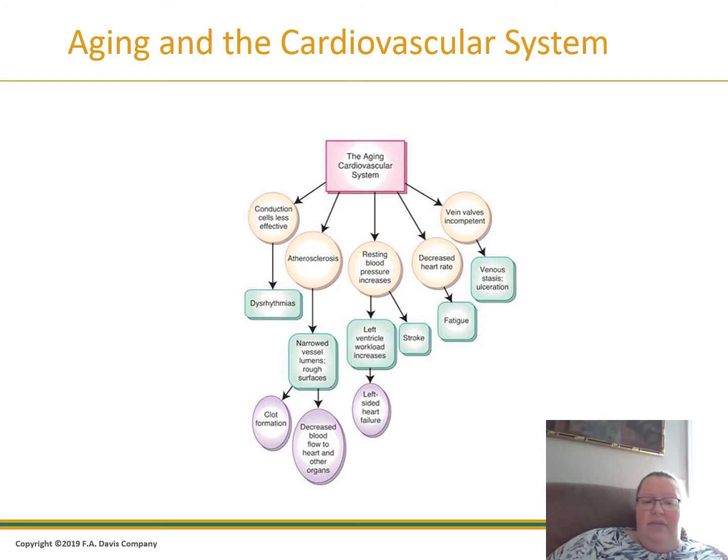So because of the atherosclerosis as well, patients have clot formation, decreased blood flow to the heart and other organs, and left-sided heart failure are likely to occur as well.